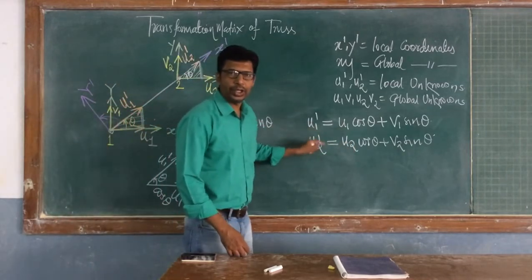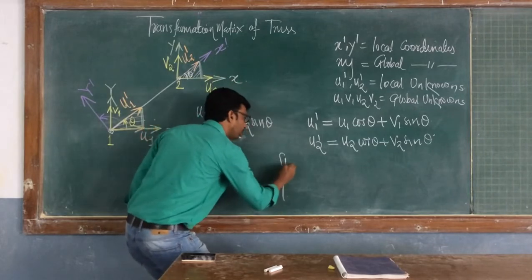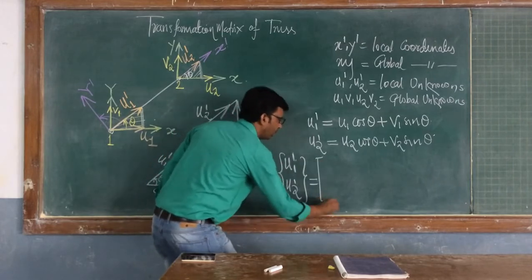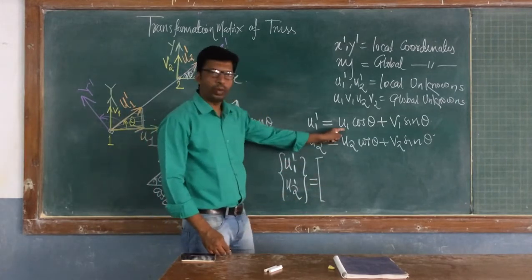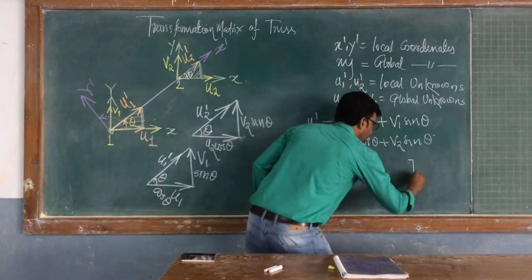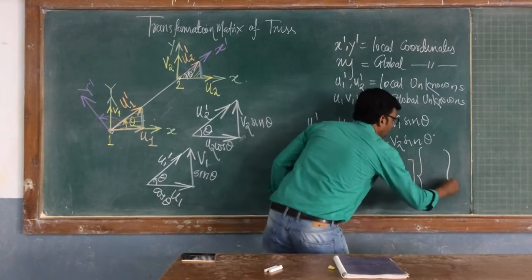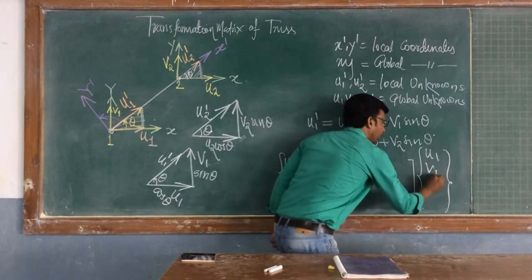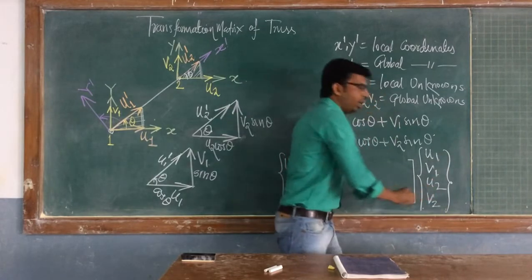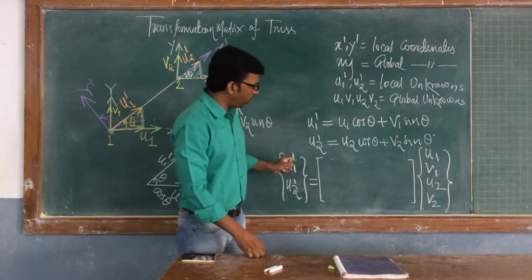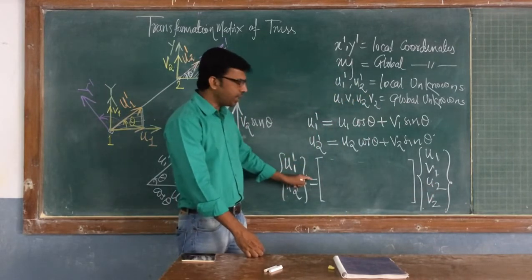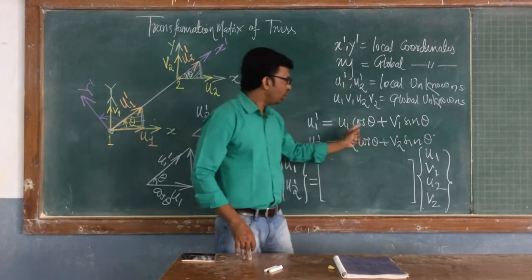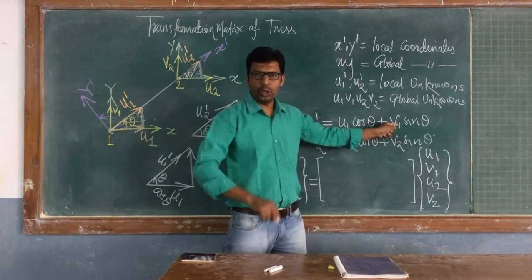If you write down these two equations in matrix form, u1 dash, u2 dash is equal to, if you write down your global unknowns as a vector u1, v1, u2, v2. u1 dash is equal to u1 cos theta plus v1 sin theta, so there is no coefficient for u2, v2.